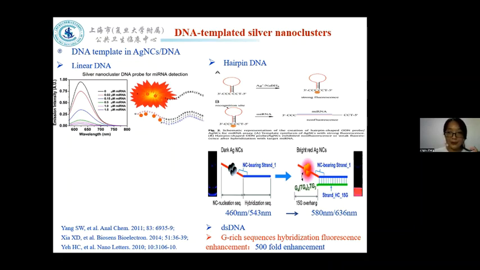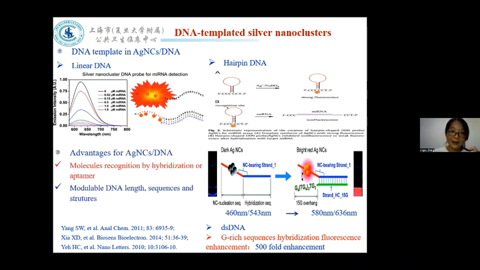That's very important for hybridization-based molecular detection. And there are many advantages for the templated silver nanoclusters.